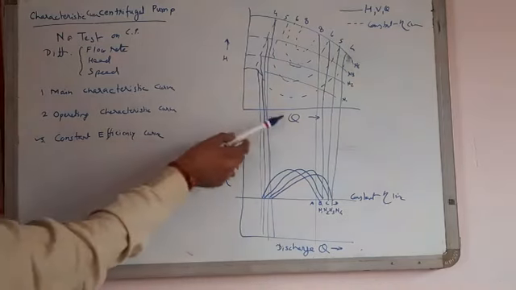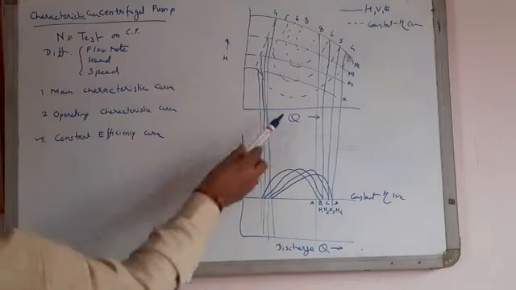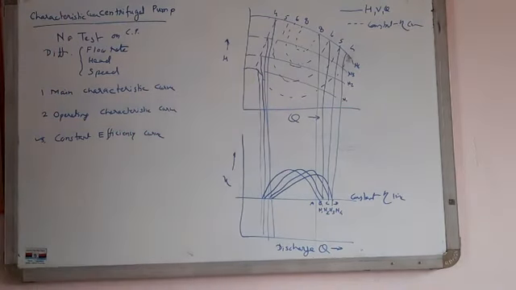Figure A shows the head versus discharge curve for different speeds. The efficiency versus discharge curves for different speeds are shown in figure B. By combining these HQ and efficiency-Q curves, the constant efficiency curves are obtained.